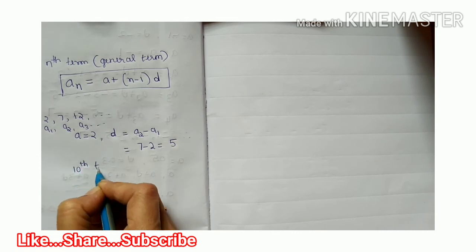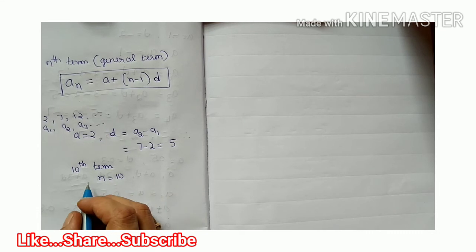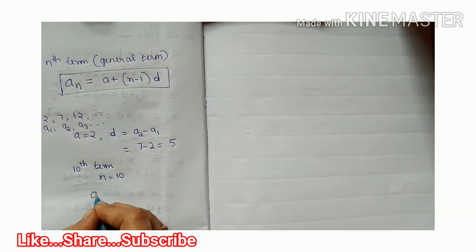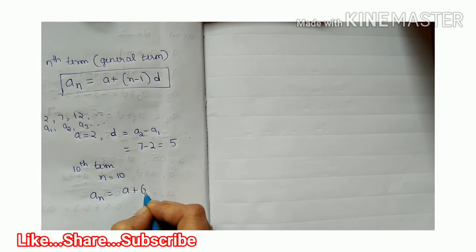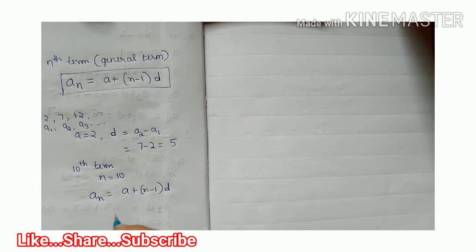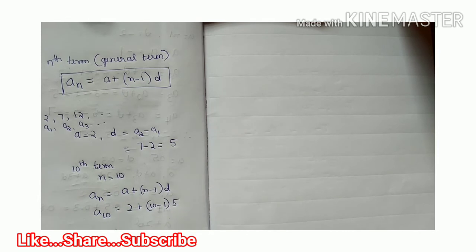Therefore, for the 10th term, n is equal to 10. We know that the nth term of AP is a plus n minus 1 into d. Here n means 10, a10, the 10th term of AP, is the first term 2 plus 10 minus 1, d means 5.